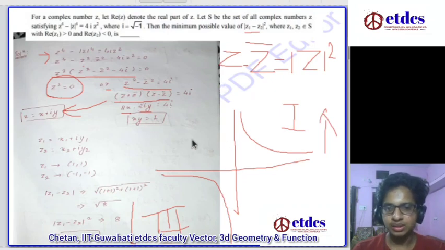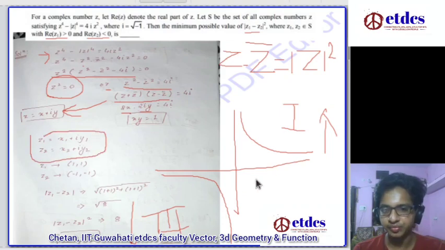And one more thing, real part of z1 is positive and real part of z2 is positive. So we consider z1 is equal to x1 plus iy1, similarly z2. So z1 lies here somewhere on this curve, similarly z2 in the third quadrant.